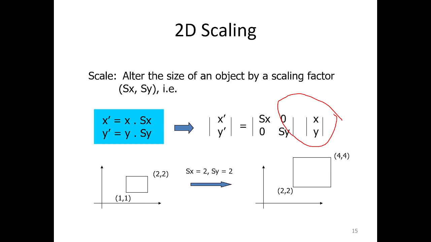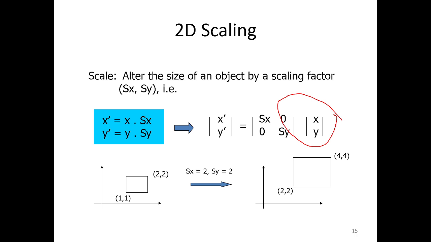Next, scaling. We alter the size of an object by a scaling factor sx comma sy, that is x dash equal to x into sx, y dash equal to y into sy, which implies x dash y dash equal to the matrix sx 0 0 sy times x comma y. In scaling we can increase the size of an object.